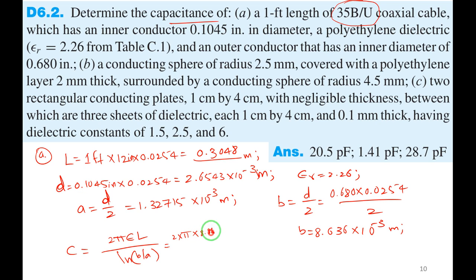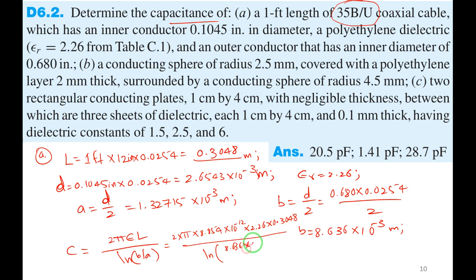Epsilon naught is 8.854 into 10 power minus 12, and epsilon r is 2.26, into the length of the cable 0.3048, divided by ln of B by A. What is B?